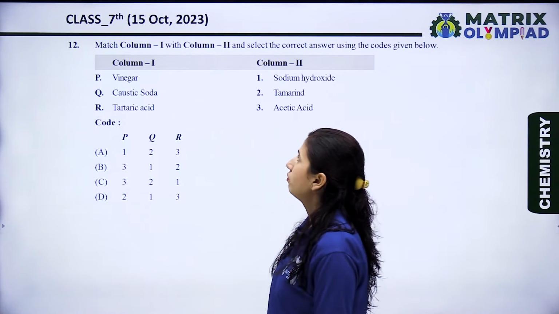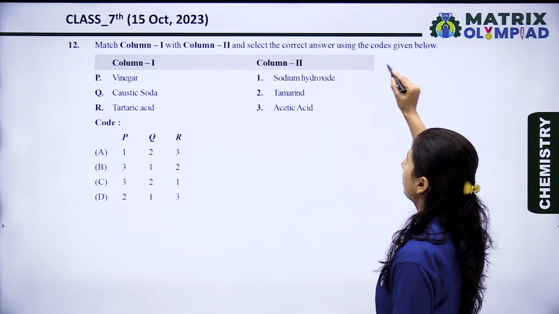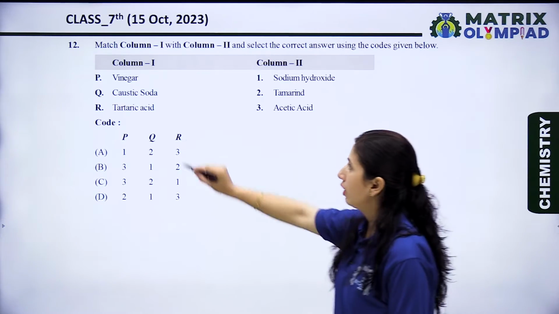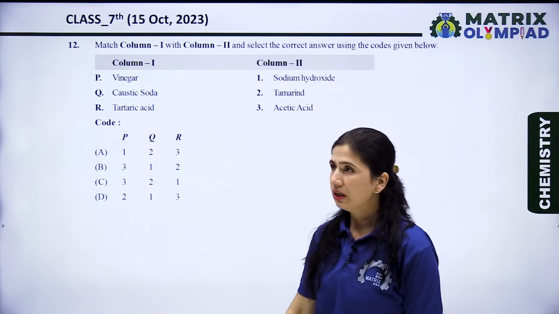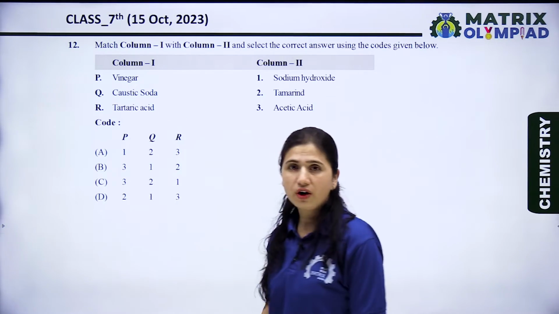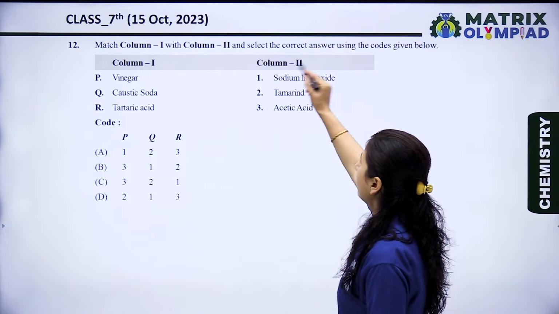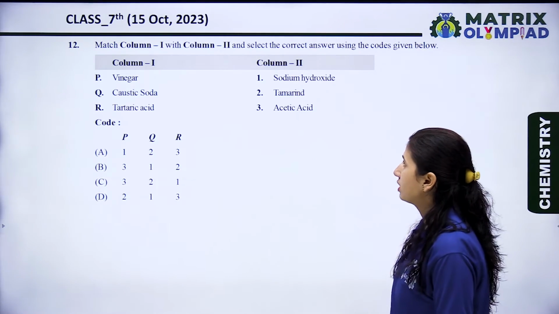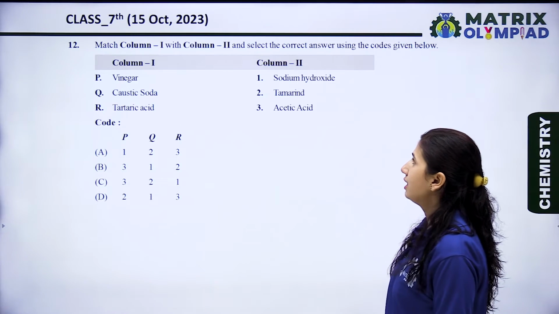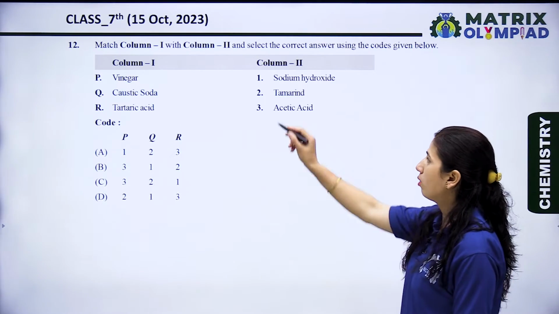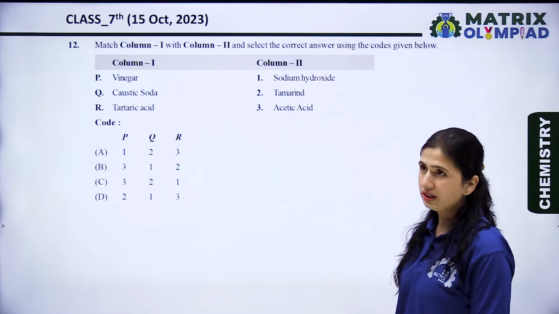Match column first with column second and select the correct answer using the codes given below. Column first: P is vinegar, Q is caustic soda, and R is tartaric acid. In column second, one is sodium hydroxide, second is tamarind, and third is acetic acid.